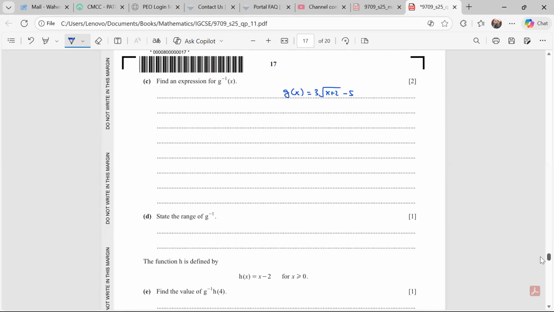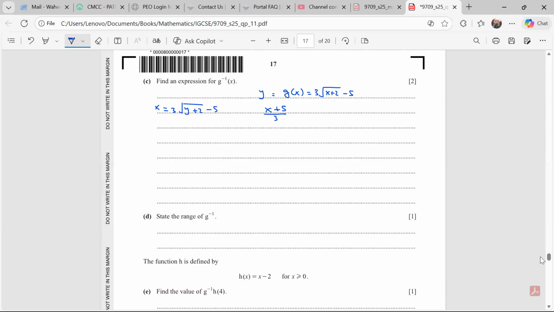Okay, how do we find the inverse? Remember, this g of x is basically y. So we replace y and x. So this is x equals 3 under root y plus 2 minus 5. And now I will solve this equation for y. So you can see this is x plus 5 over 3.